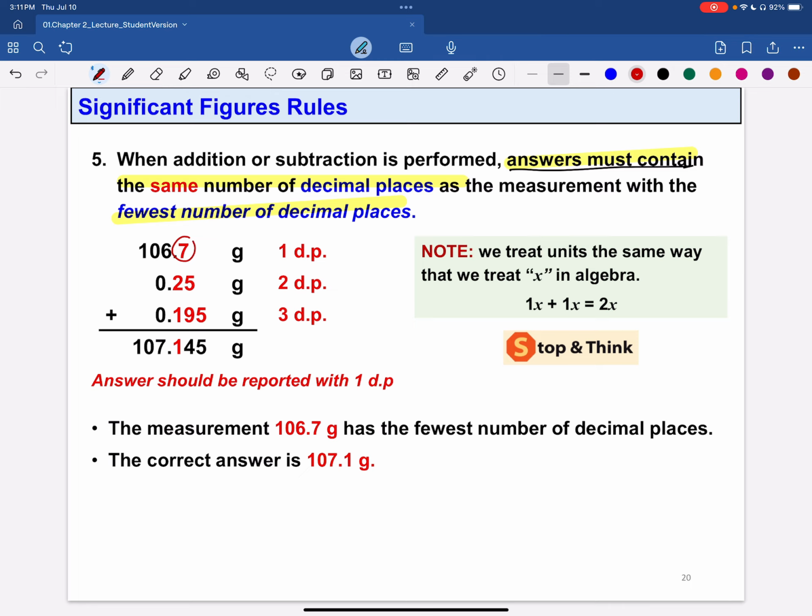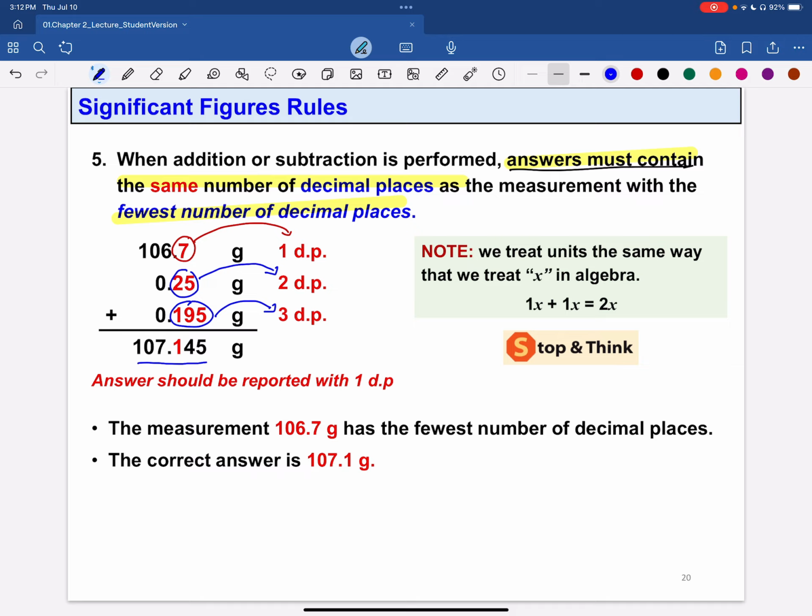106.7, 1 decimal place. 0.25, 2 decimal places. 0.195, 3 decimal places. You add these three numbers together, you put them in your calculator, you will have 107.145 grams.